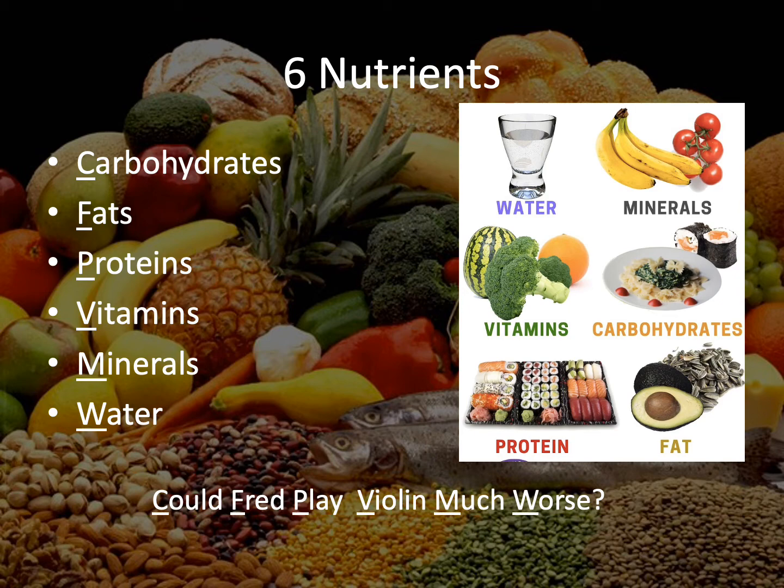The first letter of each word stands for one of these 6 nutrients. C stands for carbohydrates. F stands for fats. P stands for protein. V stands for vitamins. M stands for minerals. And W stands for water. So when you want to list the 6 nutrients, just remember, could Fred play violin much worse?